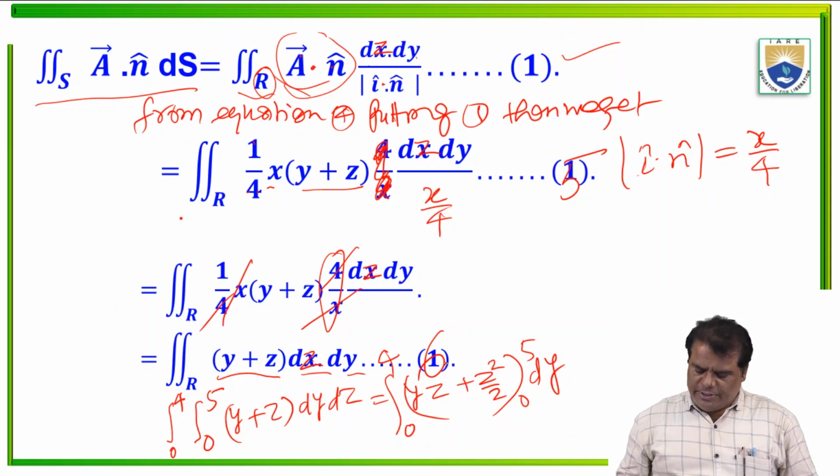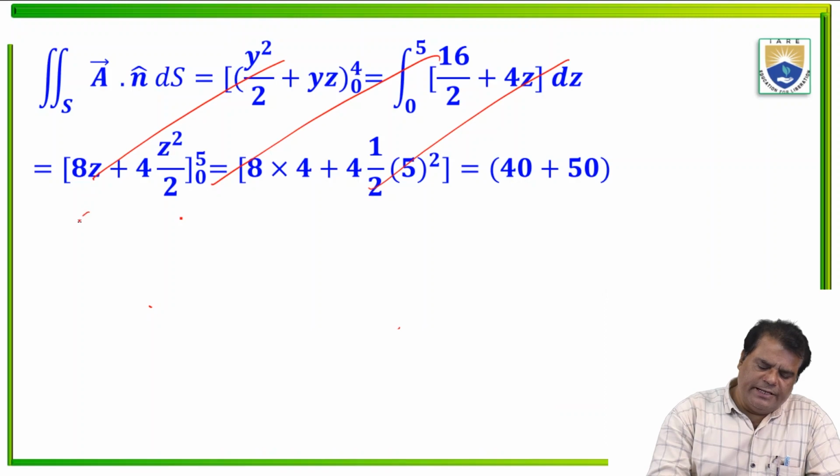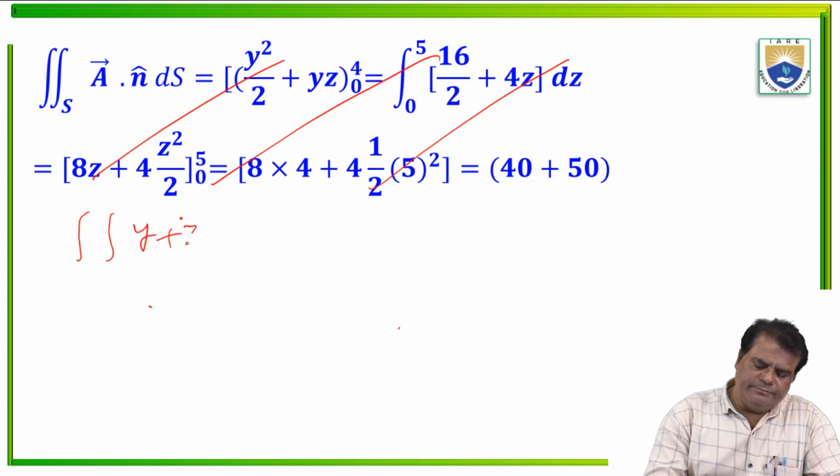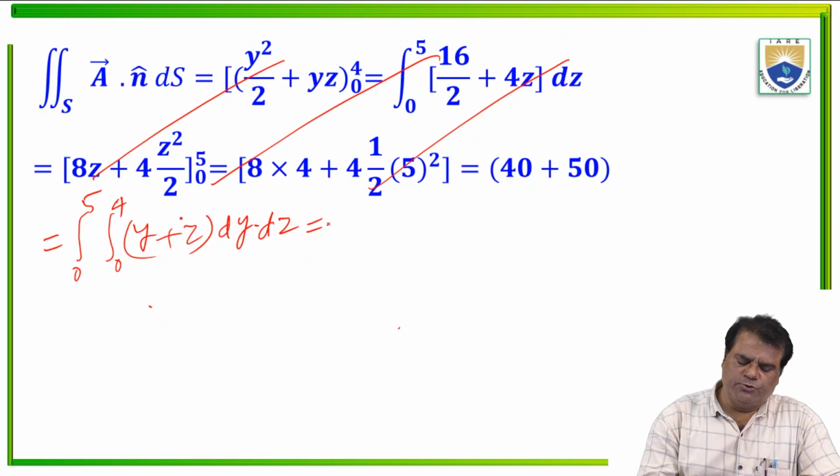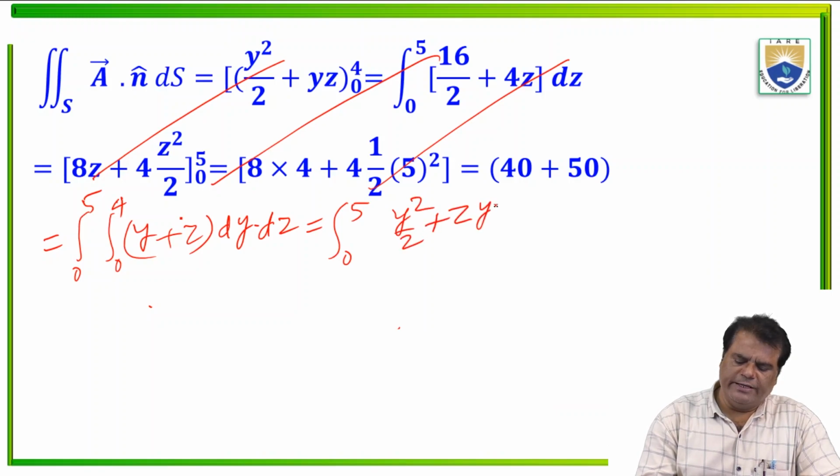So putting this value here, double integration of y plus z, dy into dz. First of all 0 to 4 and 0 to 5. So integrating with respect to y, 0 to 5, y square by 2 plus zy.